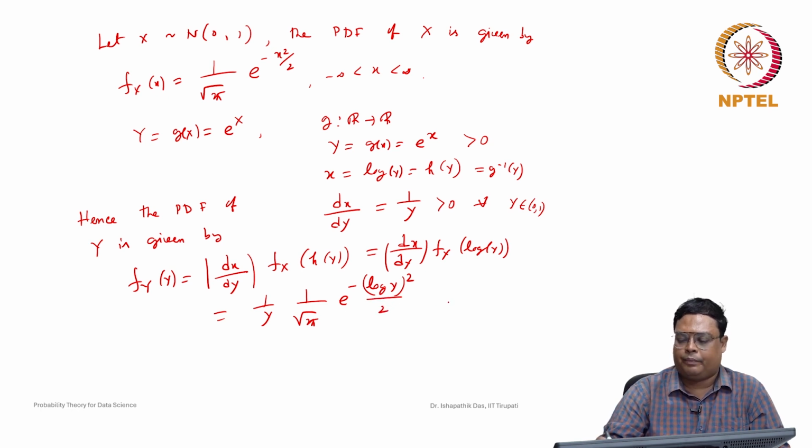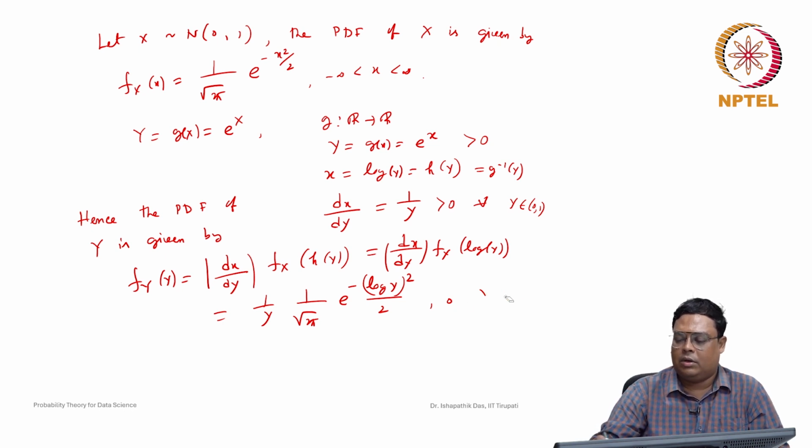This holds whenever y is between 0 and infinity, because x is from minus infinity to plus infinity, and h(y) is log y, so log y between minus infinity and plus infinity is the same as y between 0 and infinity.